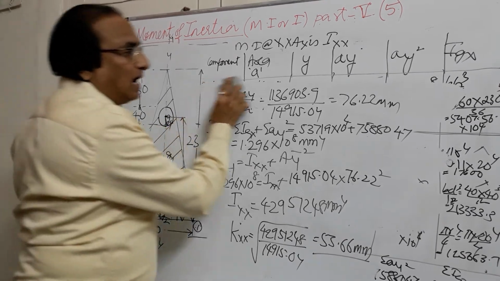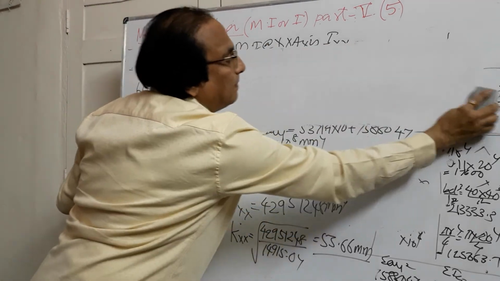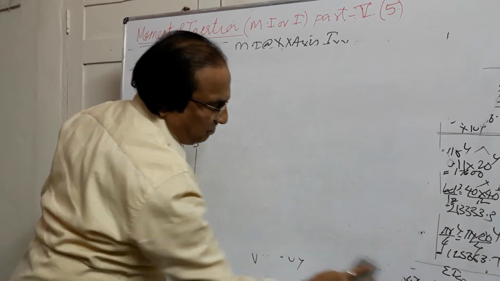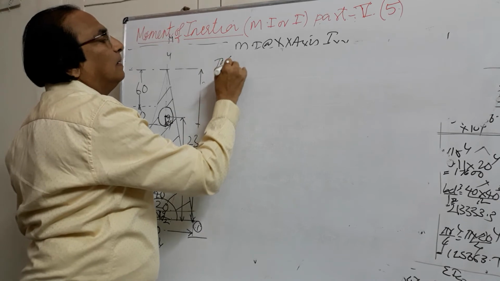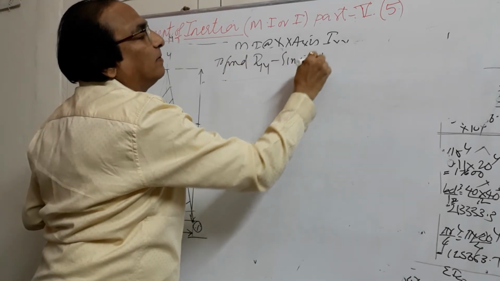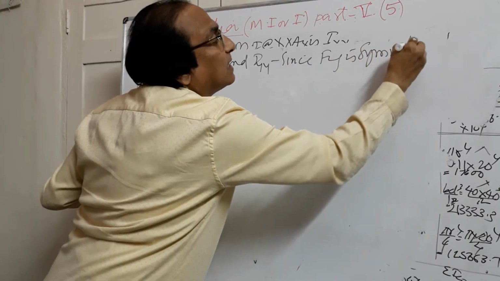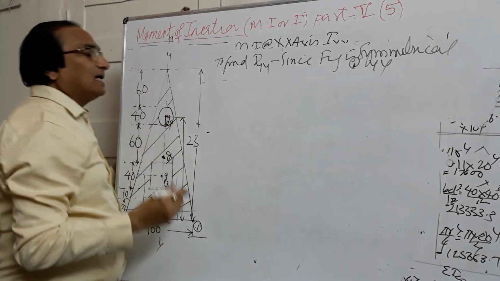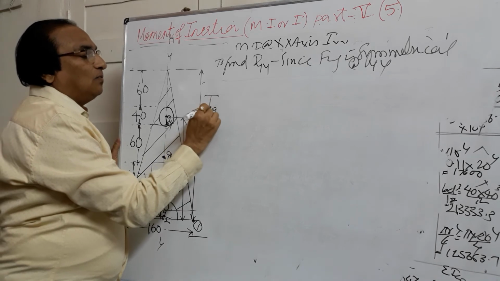Now we will go for Iyy. To find Iyy, since the figure is symmetrical about y axis, we can directly find out the moment of inertia of the whole figure Iyy.